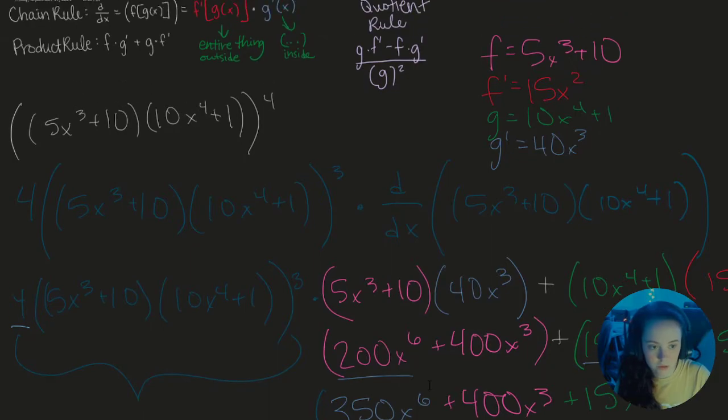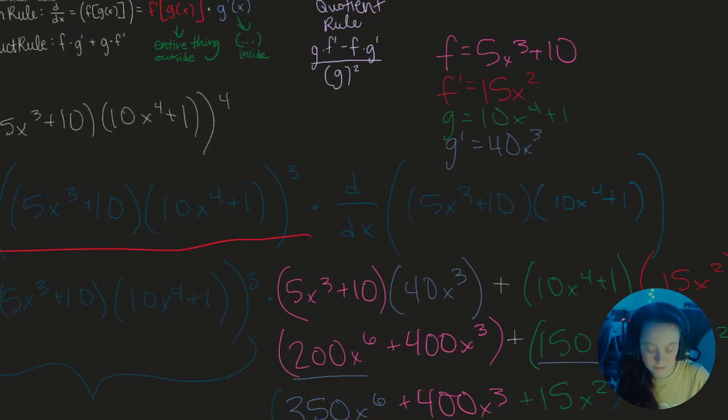So, in order to solve this one, and this one has a lot of writing, you have to take the derivative of the entire thing, which is this right here, just like we normally do with our chain rule. But then you have to go back and find the derivative of everything else, which is the second part.